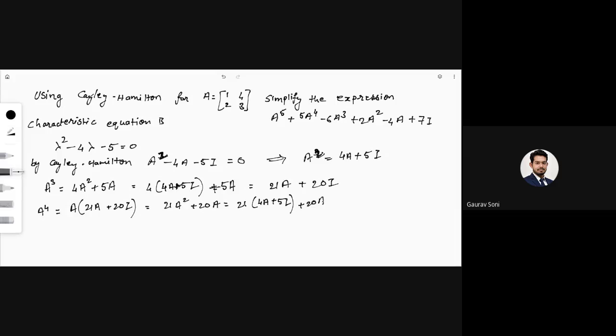Simplifying this, the value of a raised to 4 that we get is 21 into 4, so 84 plus 20, 104a plus 105i.